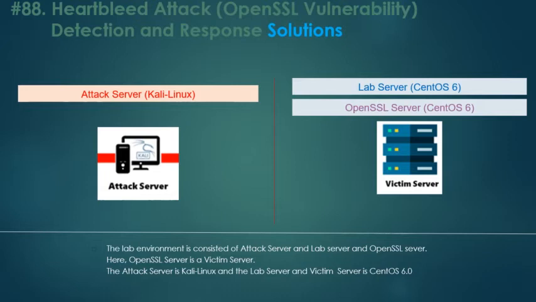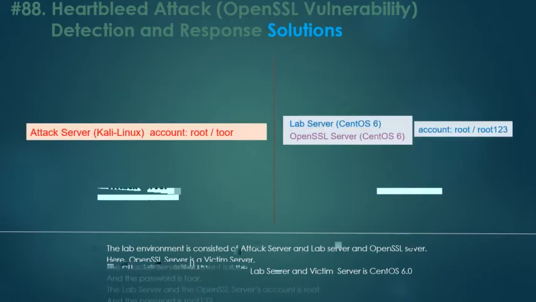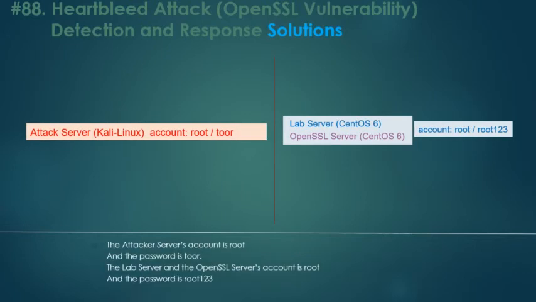The attack server is Kali Linux, and the lab server and victim server are CentOS 6.0. Here, the lab server performs monitoring work. The attack server's account is root and the password is true. The lab server and the OpenSSL server's account is root and the password is root123.